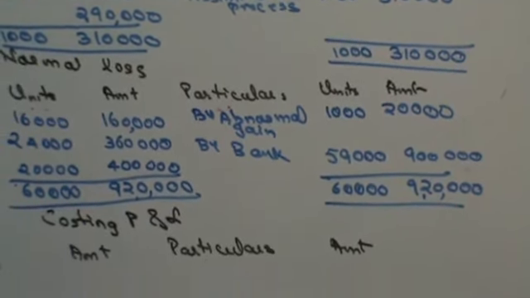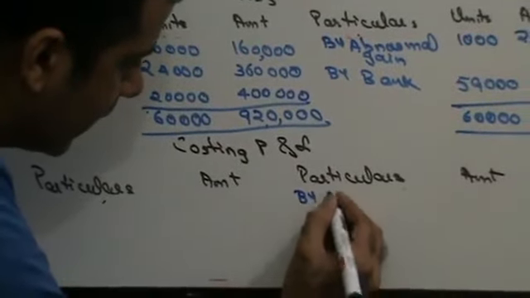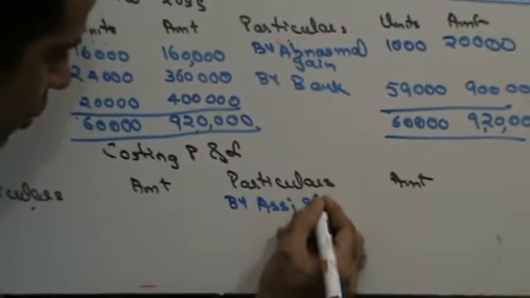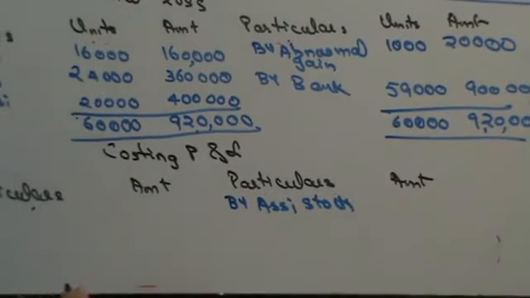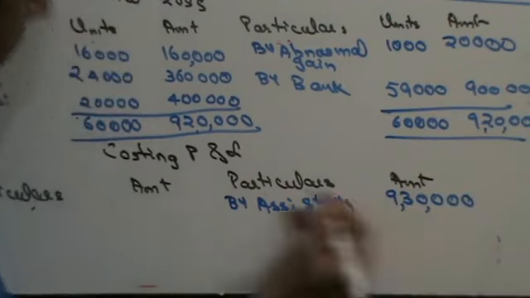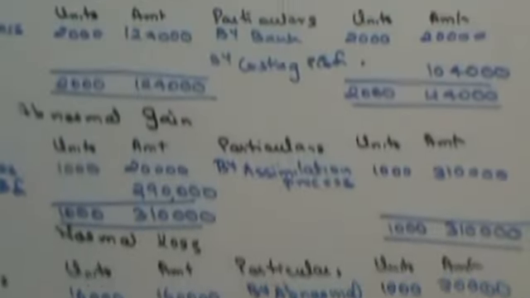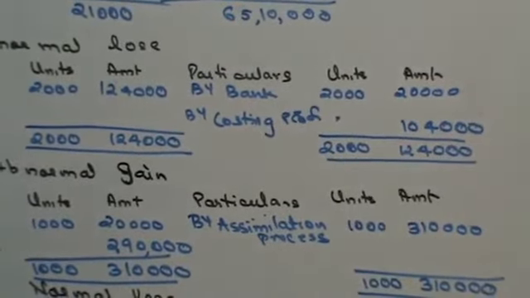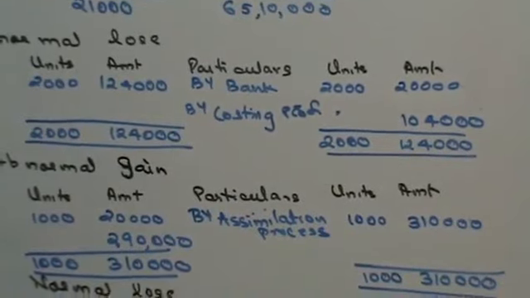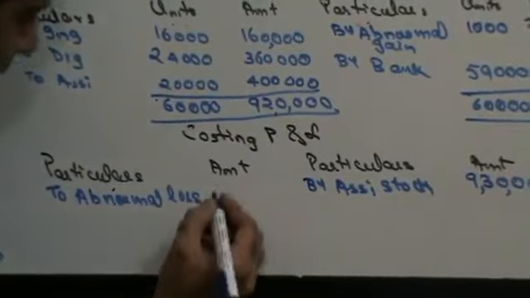You have costing P&L in your assimilation stock. So this is going to be by assimilation stock. You have costing P&L of 9,30,000 there. Then you have costing P&L in abnormal loss, to abnormal loss. Costing P&L is 1,04,000.